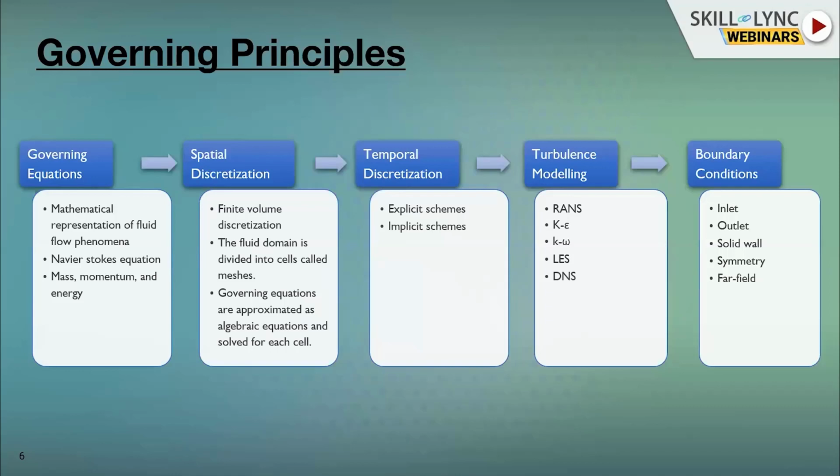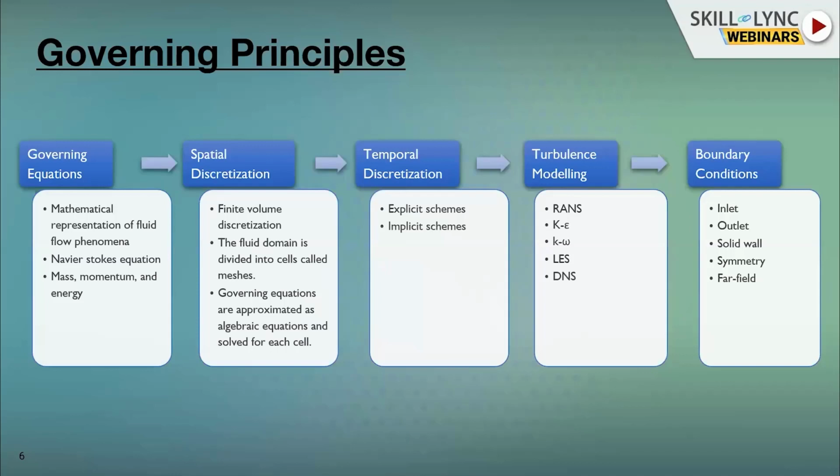And last but not least is the setting up of the boundary conditions. Why it is important is, as I said before, we are approximating a real problem into a numerical solution. So we need to know the actual boundaries of the problem so that we can specify them.